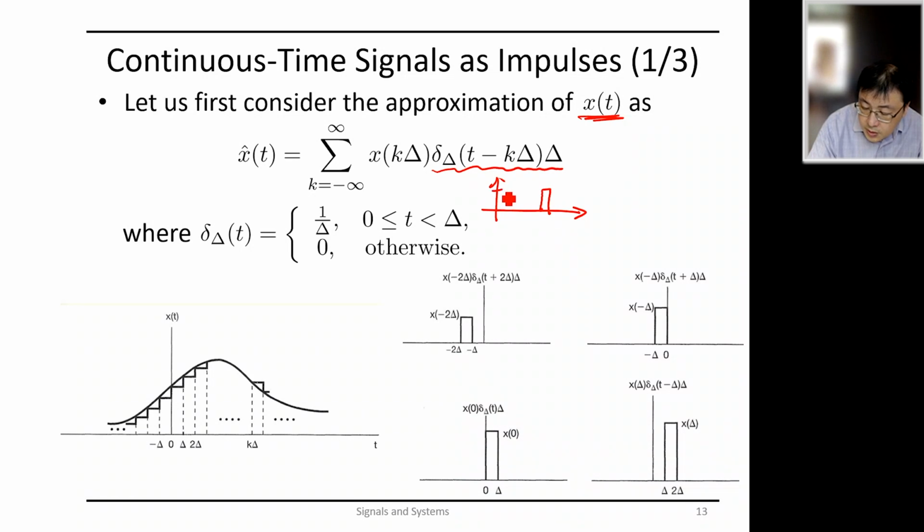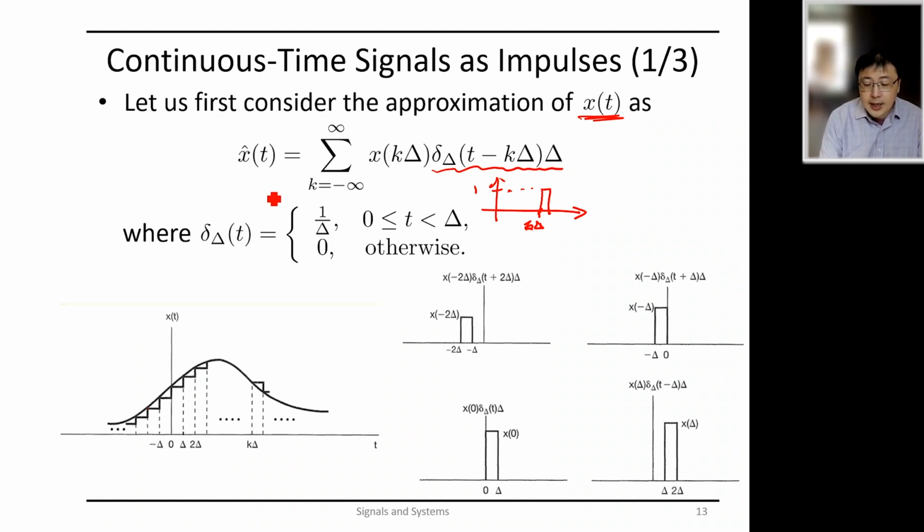So this thing here is essentially a rectangular pulse with magnitude 1 at time k delta. And if you scale this rectangular pulse by the corresponding value of x at this time, then summing these rectangular pulses up will essentially give you this staircase approximation of the original function x.